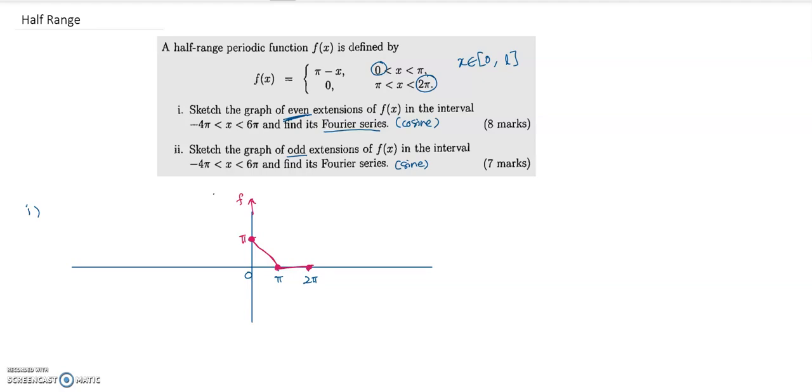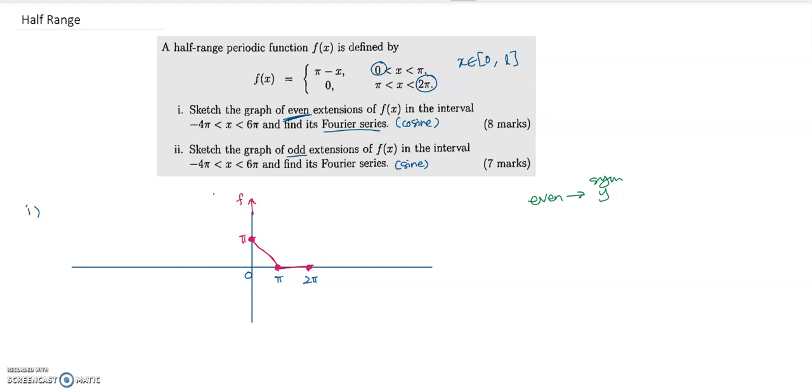Question 1: sketch the graph of the even extension. We need to extend the initial graph so that it becomes even. We should know that even means symmetry about the y-axis. Whatever curve or line we have on the right-hand side is supposed to be sketched on the left-hand side as well.